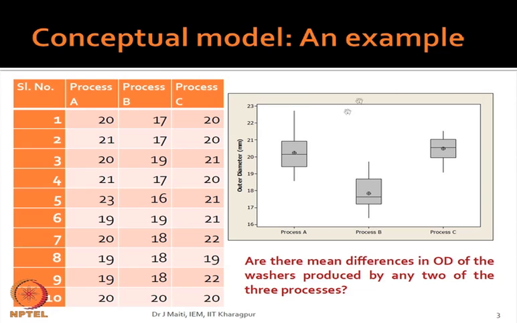But we want a quantitative explanation of this, and if we are able to do this, then we are able to answer this question, are there mean differences in OD of the washers produced by this.